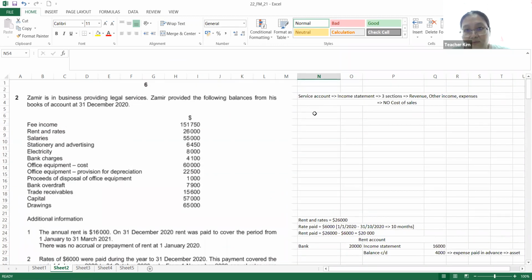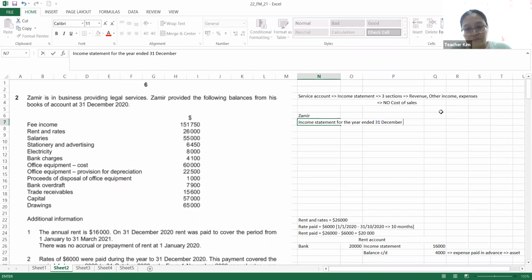I need to use this information, so I put it into here. Zamir, income statement for the year ended 31st December 2020. Okay, so we need 2 columns.